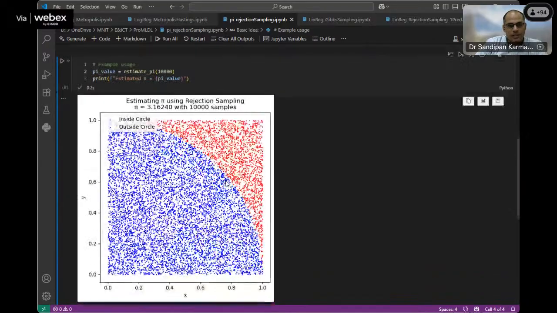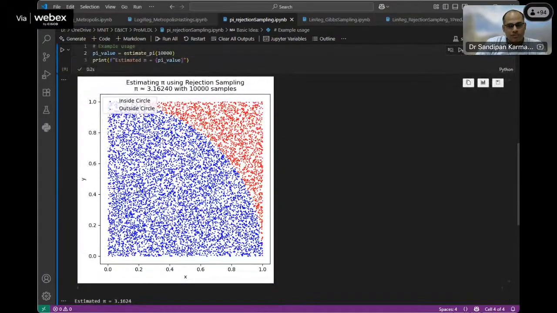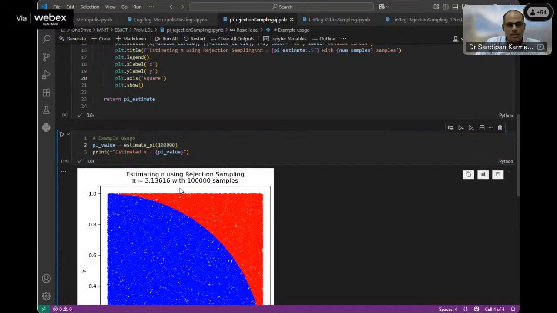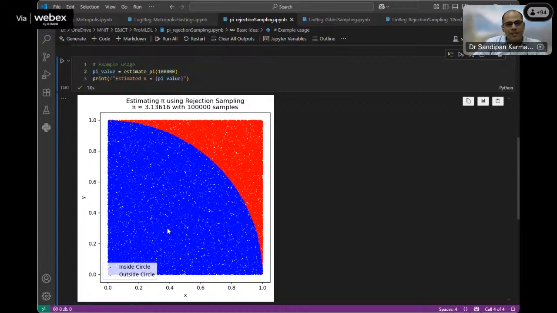Also, the circle is coming more and more prominent. You can actually find it out. Now if I take 1 lakh samples, let me see how much it is coming. You can see now that it is exactly 3.136.